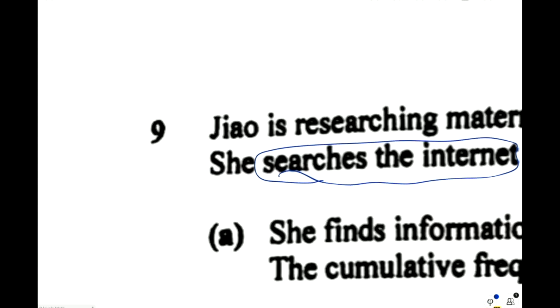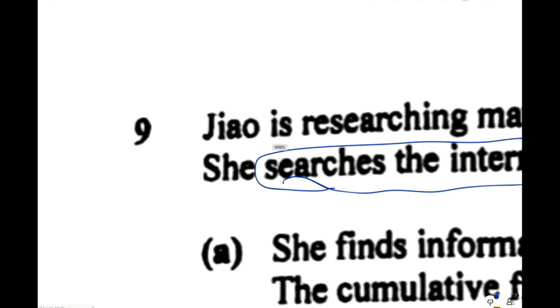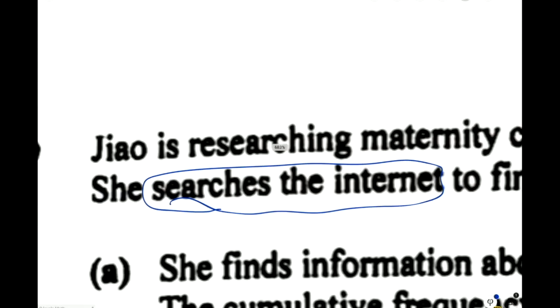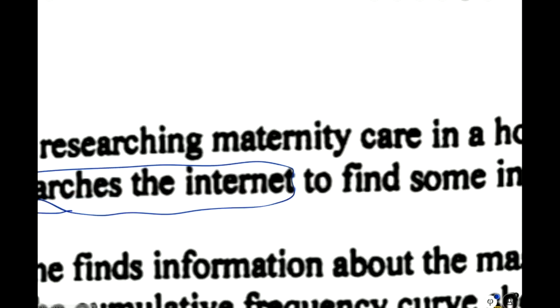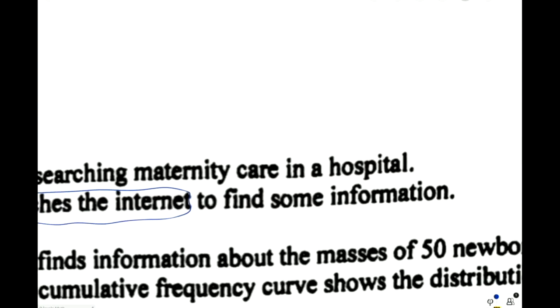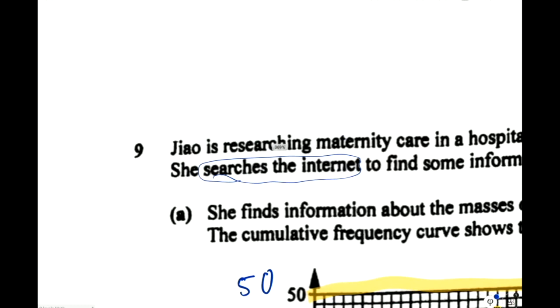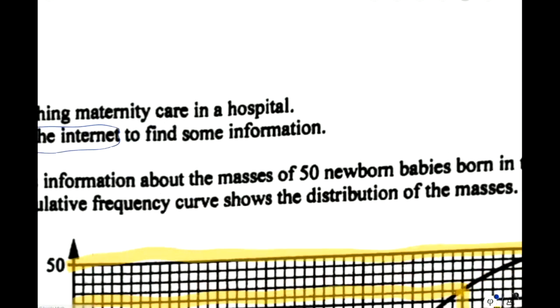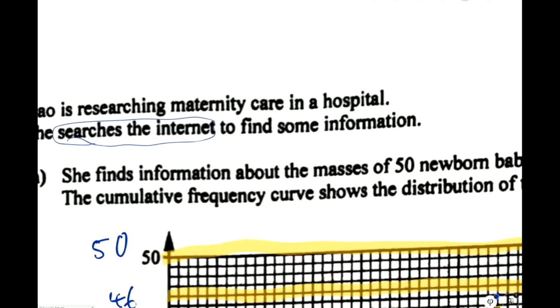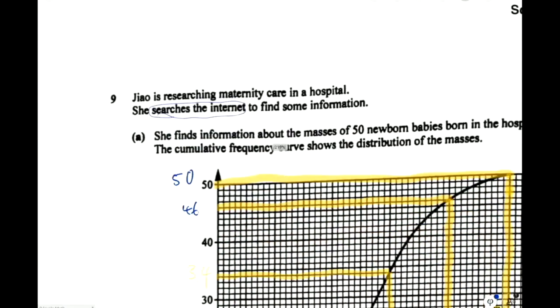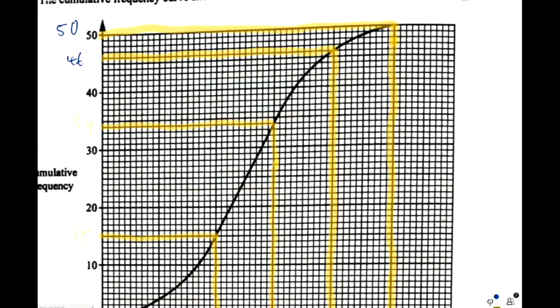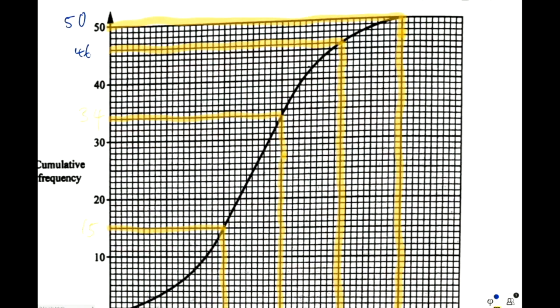So Jiao, you do research, why do you go search the internet? To find some information. And then she found this information. All she had was this curve. You see that? Jiao has some curve, but she doesn't have the actual data.